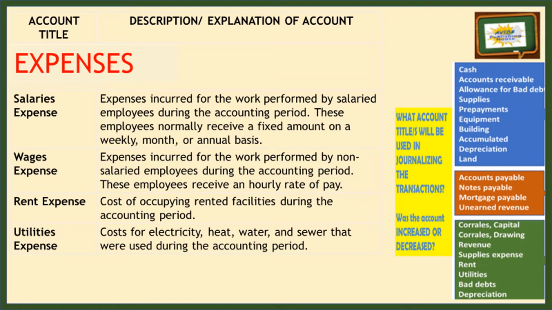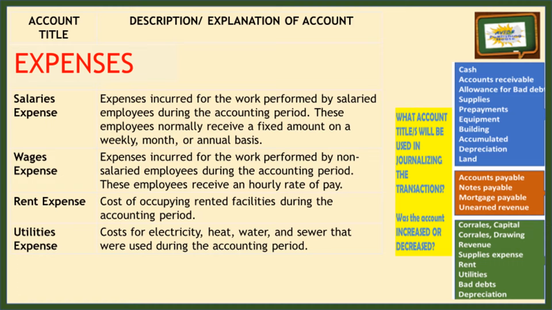Salaries expense is incurred for the work performed by salaried employees during the accounting period. These employees normally receive a fixed amount on a weekly, monthly, or annual basis. So if it is based on a fixed amount and received on a regular basis, then that is salary.